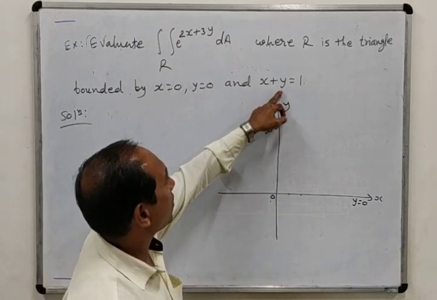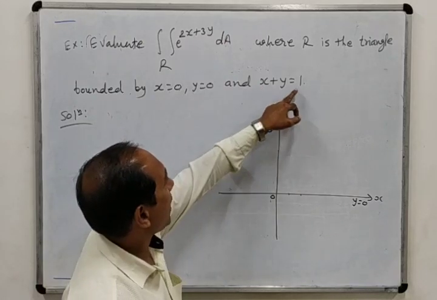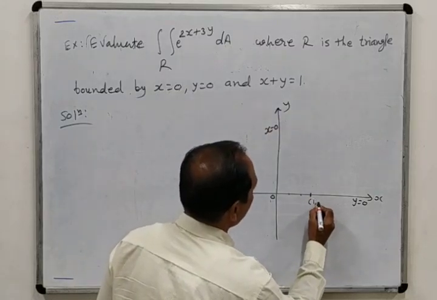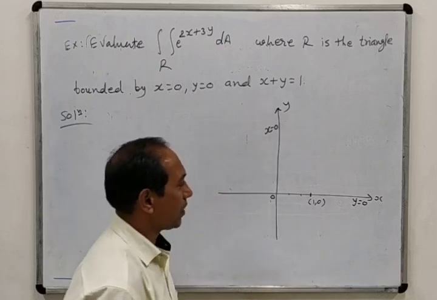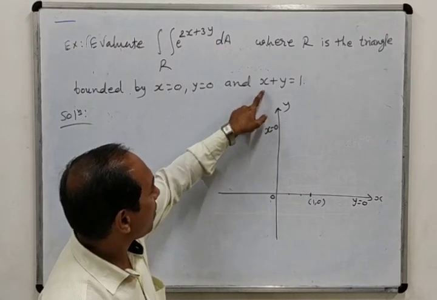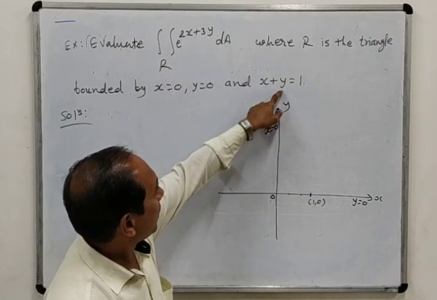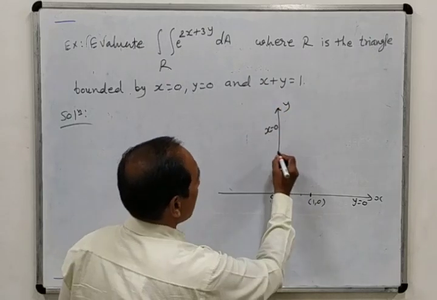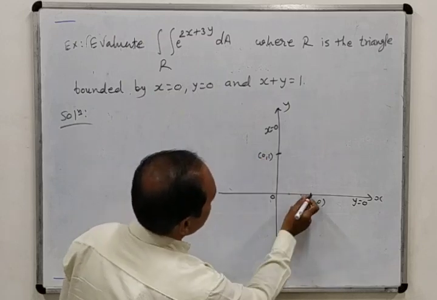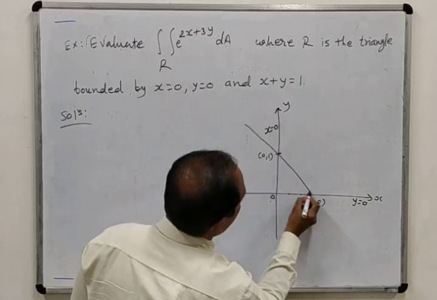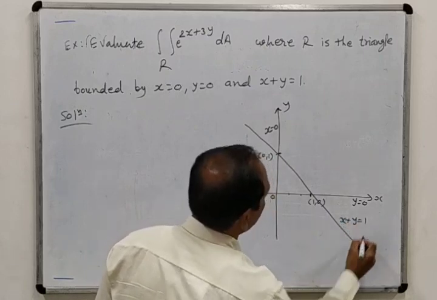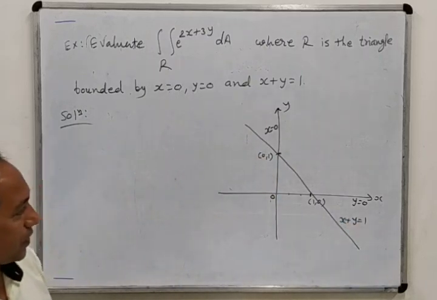If we put y equal to 0 here, then we get x equal to 1. So suppose this is the point 1 comma 0. The line will pass through this point. If we put x equal to 0, then y equal to 1. That means it is the point 0 comma 1. So the straight line will pass through this point too. And here we will write down the equation x plus y equal to 1. This is the straight line.